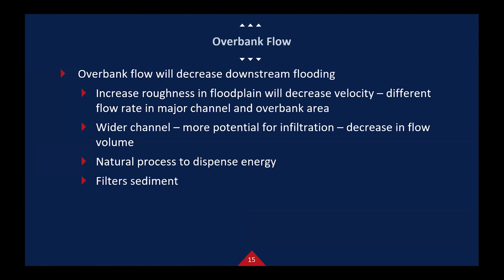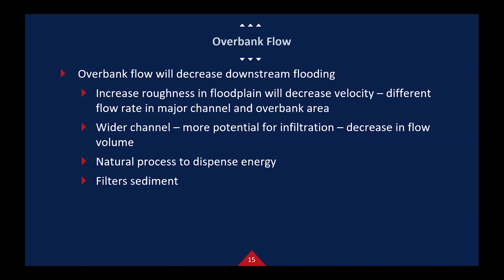We can have overbank flow as well to decrease downstream flooding. So you can create a channel that is two parts. One would be the primary channel, the other one would be the overflow bank area.